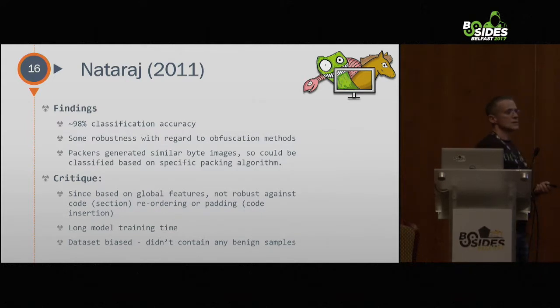When you're dealing with image processing, the bad thing about it is that it has a long training time because you're examining and processing pixel by pixel. This dataset was also biased, so it didn't contain any benign samples. There were no innocent samples in there, no normal run-of-the-mill applications.